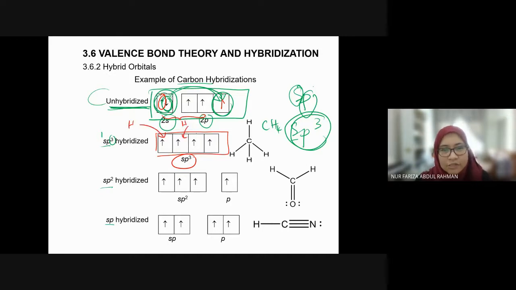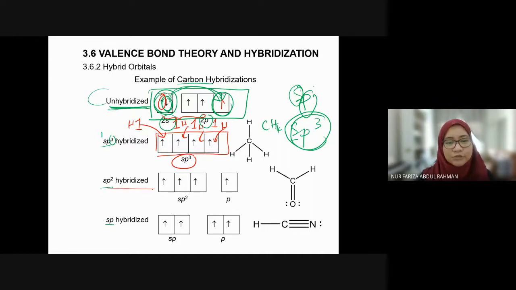So ada 4 hydrogen. Okay, because hydrogen ada satu s. Every hydrogen has one electron in the s orbital. So they can form. Okay, so central yang form hybridization, not the terminal atom. Central. Okay, alright.